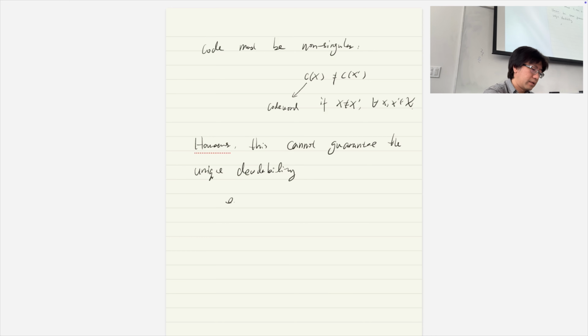Again, we can see this example. We code A as 1, B as 10, C as 0. In this case, this is non-singular, because for every symbol we have a different code. But there's no unique decodability here.